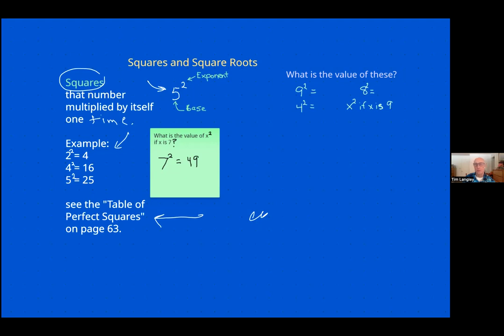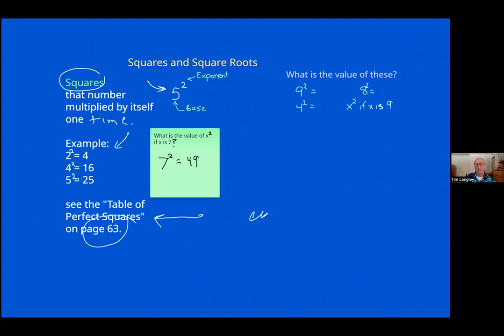On that table, it'll say, oh, it's 12 squared. So page 63 is a fast reference for doing your homework, and you can use that on the exam as well. There is a way to do it quickly on a calculator, but everybody's calculator is different, so you'd have to look your calculator up on YouTube and see how to do that.